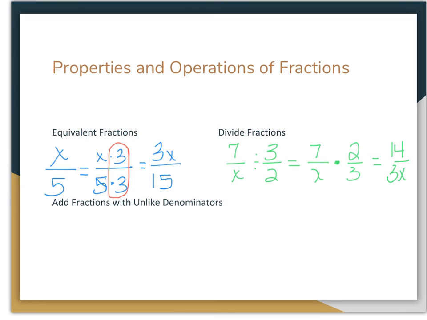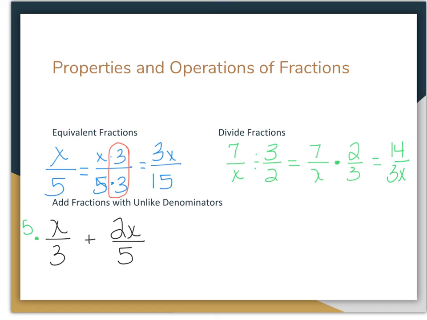And finally, we have adding fractions with unlike denominators. So here we have x over 3 plus 2x over 5. Notice that in order to have a common denominator, we need to multiply our first fraction by a factor of 5 over 5.